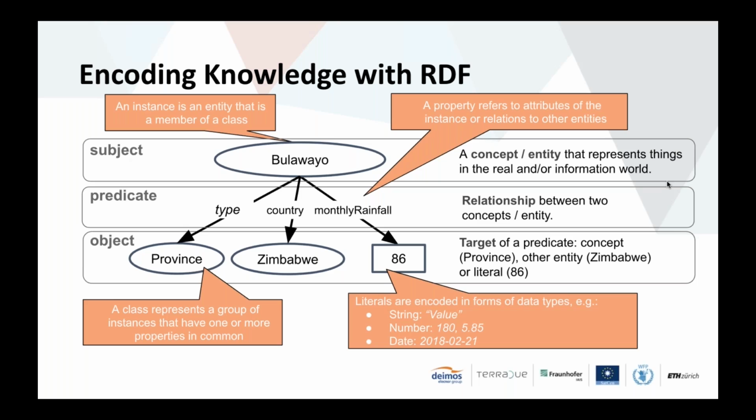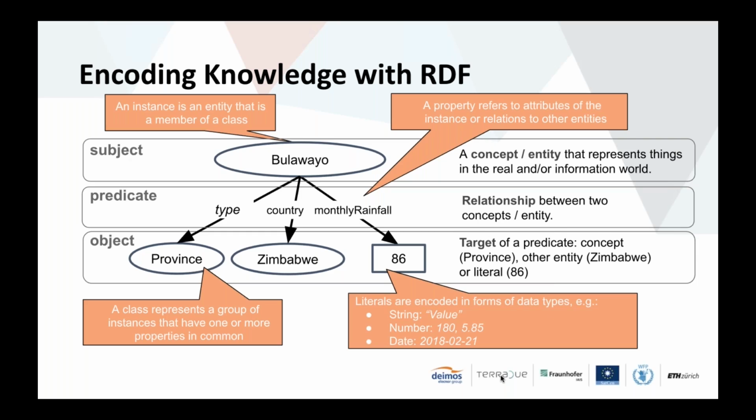So that's the kind of description which defines the model, let's say, the fact that places are within a country, the fact that places have a rainfall amount per month, and the actual data, which is in this case, that Bulawayo is an example of a place. In this case, Bulawayo is in country Zimbabwe and has a monthly rainfall, which is that amount. So that is the main distinction here, which we need to focus on.